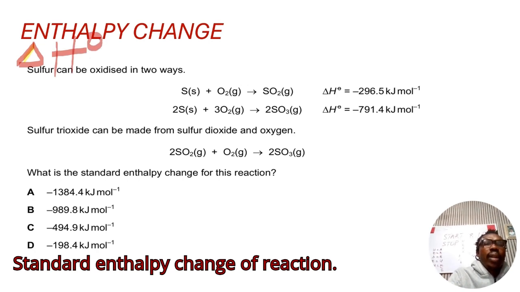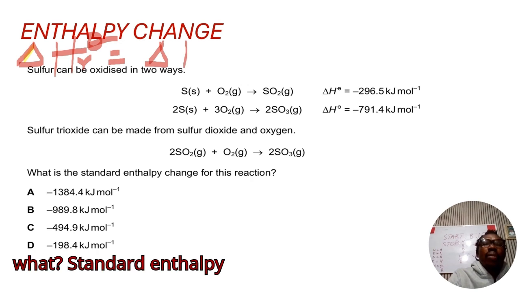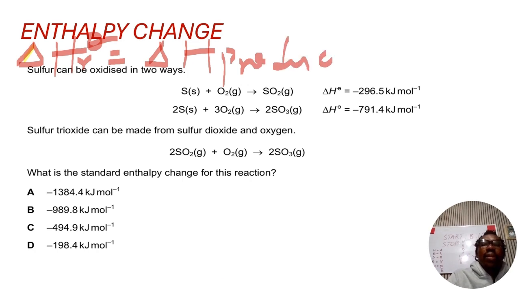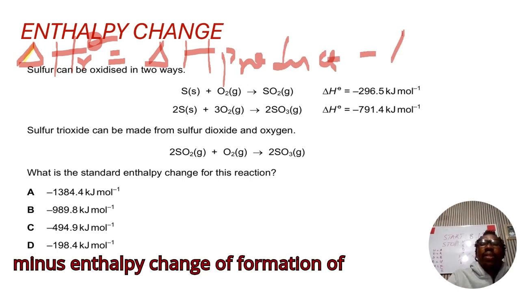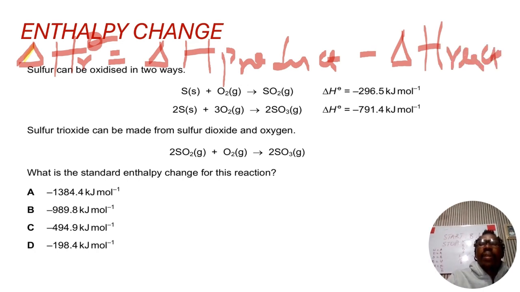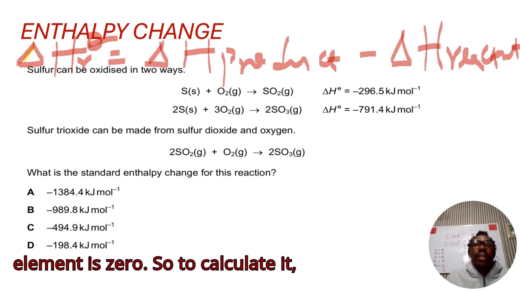So the standard enthalpy change of reaction will be equal to what? The standard enthalpy change of formation of the products minus the enthalpy change of formation of what? The reactants. And please take note that the enthalpy change of formation of an element is 0.